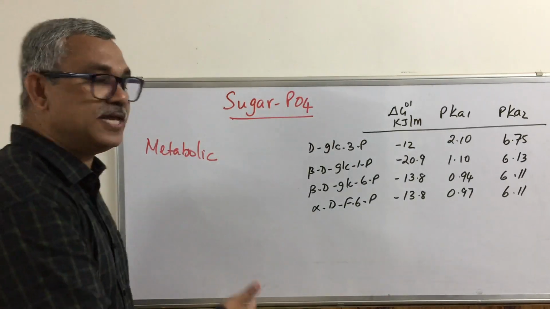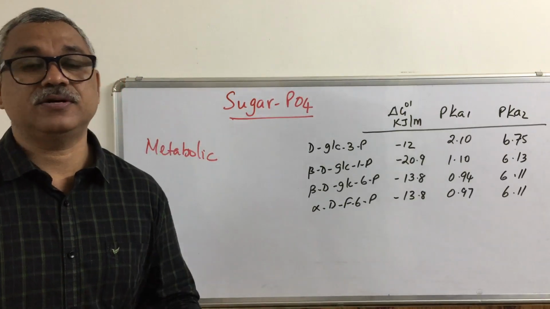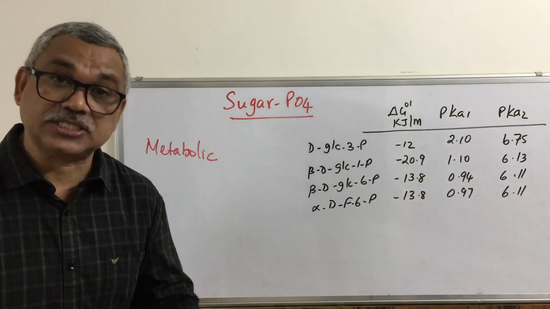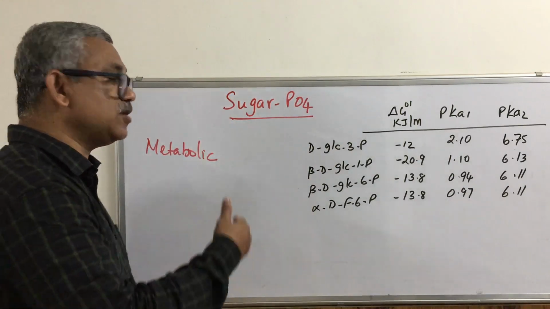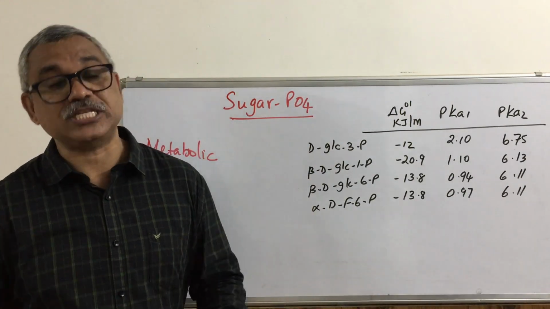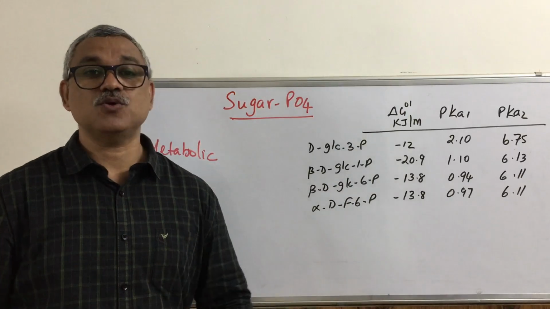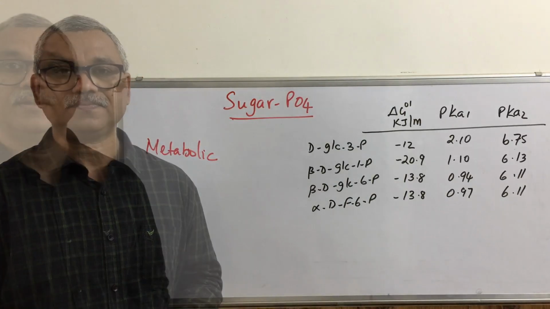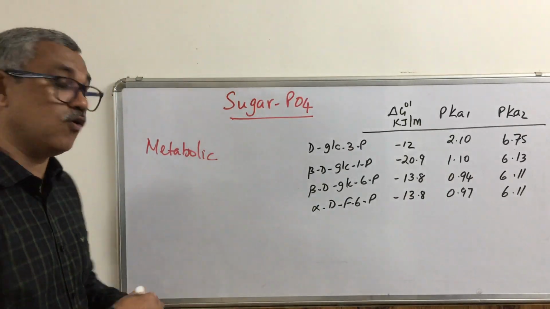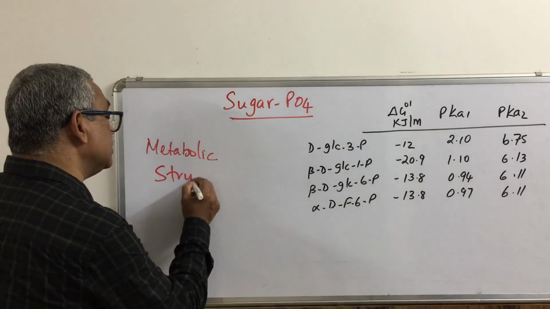Several examples can be given. You have dihydroxyacetone phosphate, glyceraldehyde 3-phosphate, glucose 1-phosphate, glucose 6-phosphate. These molecules are very significant in metabolism. They also play a key role as a structural component.